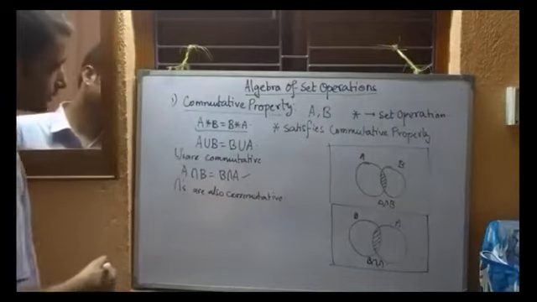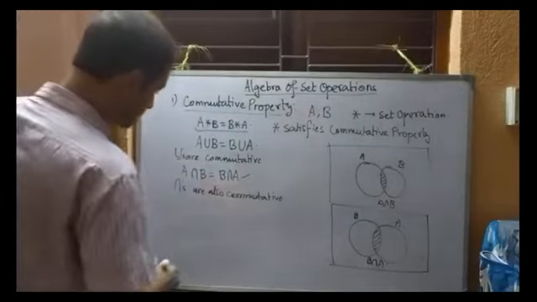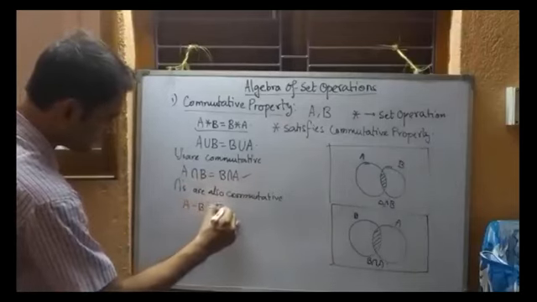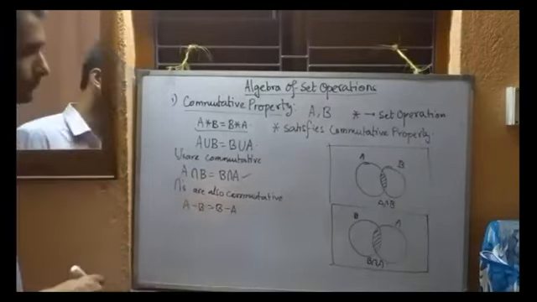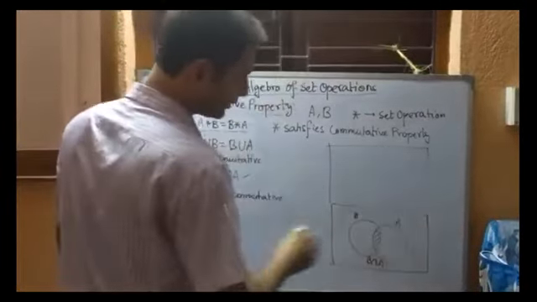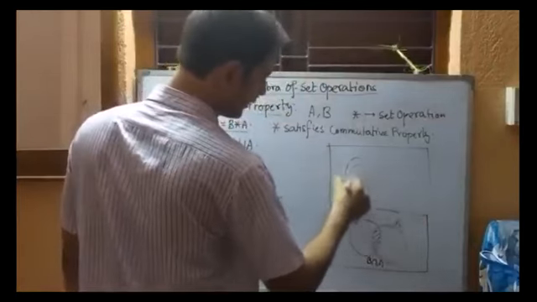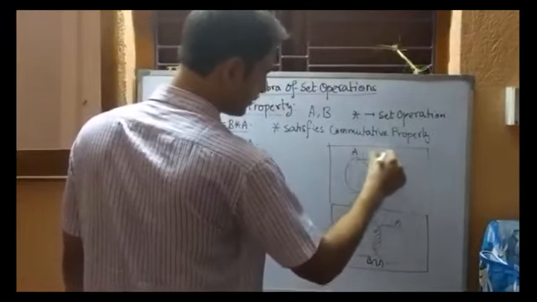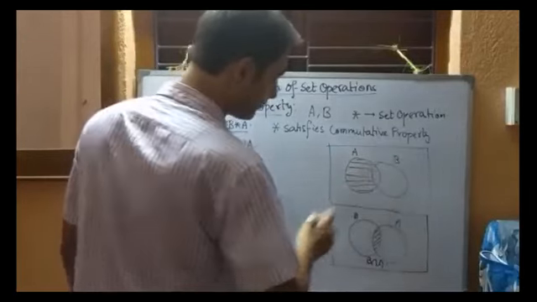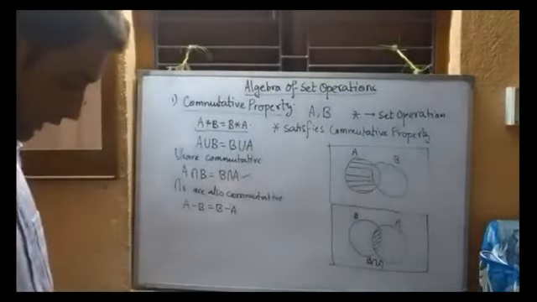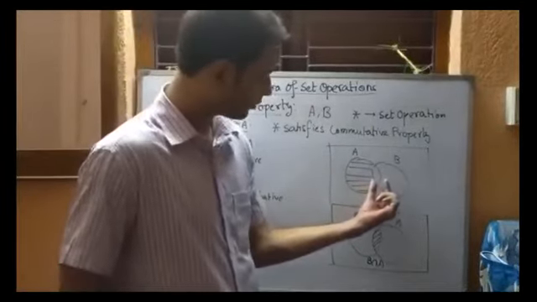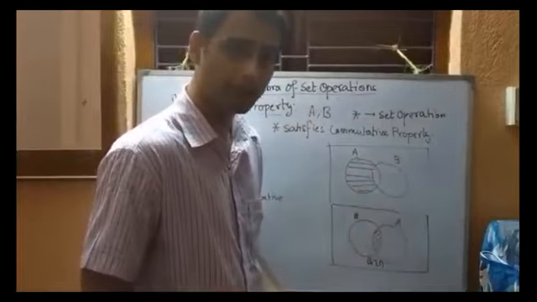So next one is the difference of two sets. We have to verify whether A difference B is the same as B difference A. If we draw the Venn diagram again, we will see that A difference B is this region, because it will contain all the elements which are in A but not in B. So all the portion of B will be subtracted.